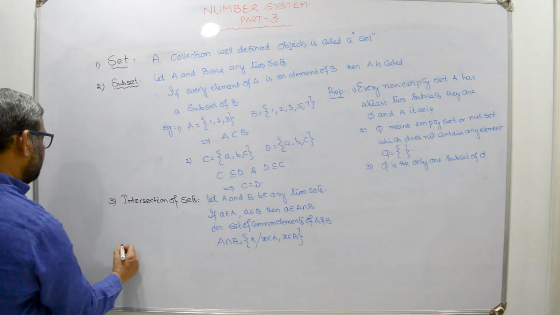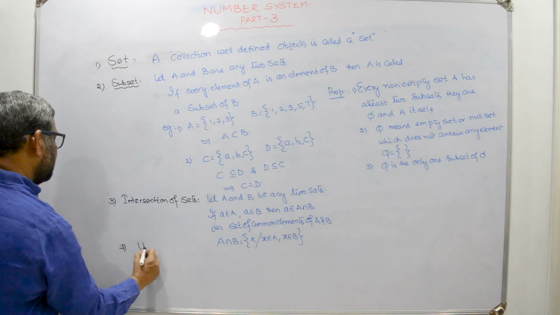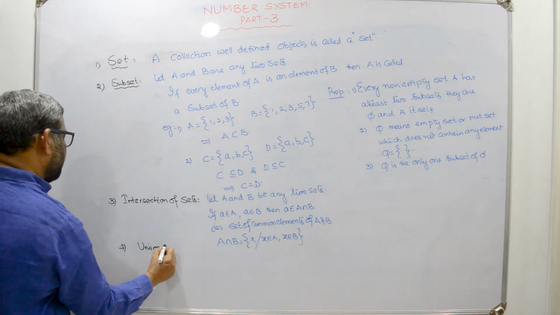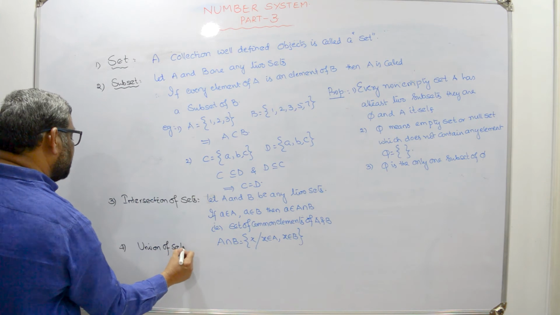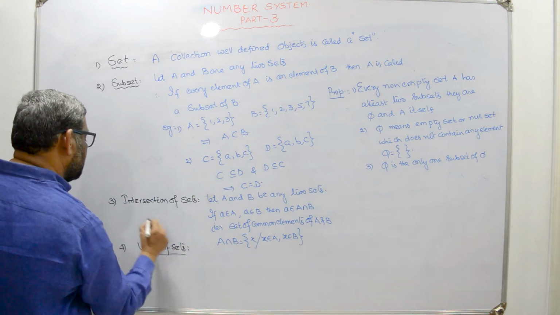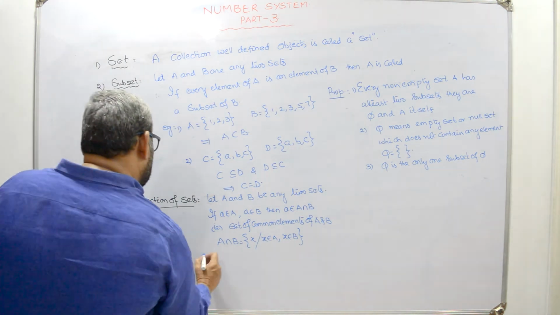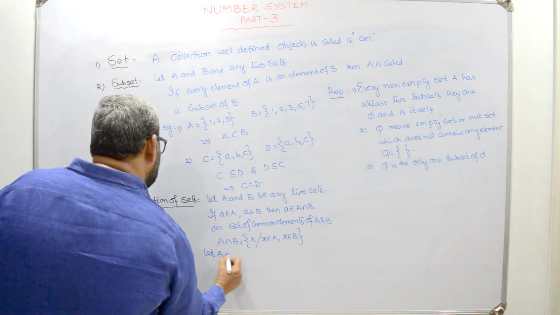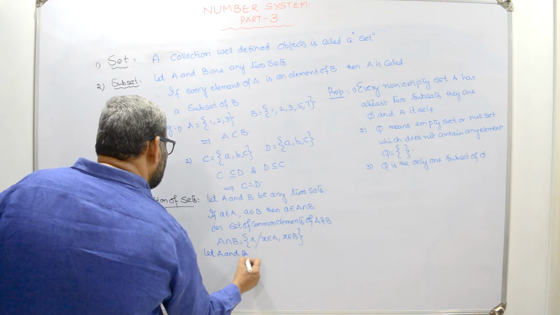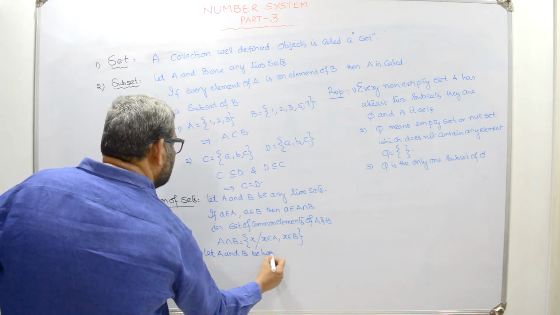Next, union. Union of sets. Let A and B be two sets.